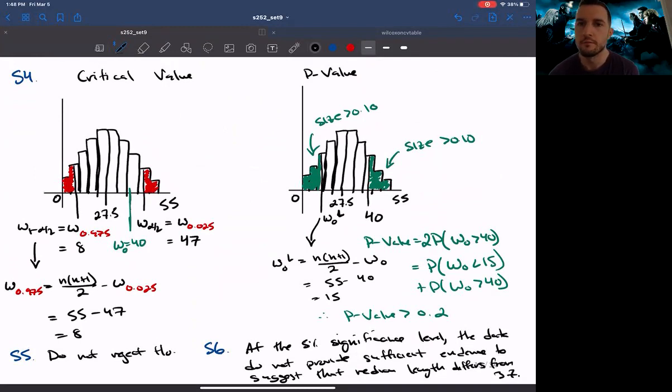Any other questions? Oh yeah, I guess we could do that. So at the 5% significance level, if the symmetry can be verified. Yeah, that's a good point.